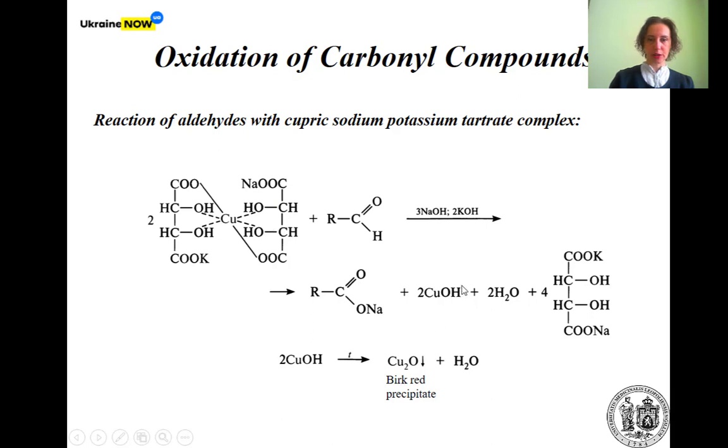So copper is reduced, and then the hydroxide is transformed to copper oxide, and we have a brick red precipitate. So we can observe this brick red precipitate, or this color depends on the concentration of the starting aldehyde in the reaction mixture.